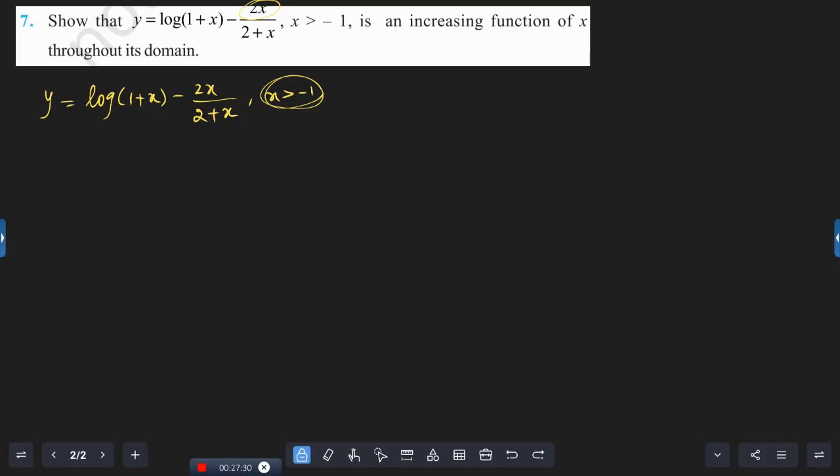This is called the interval. The interval must be minus 1 onwards. When you take the interval, you should not take minus infinity onwards. Minus 1 above, they have given the condition here.